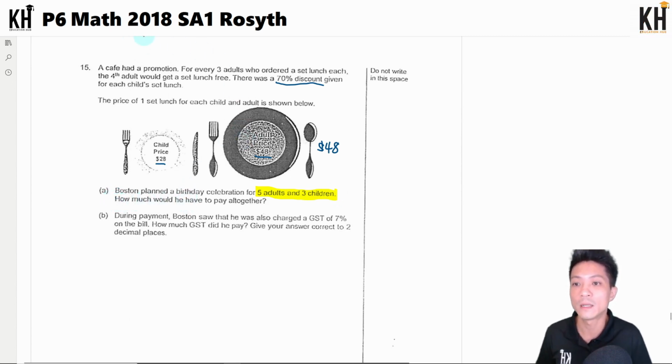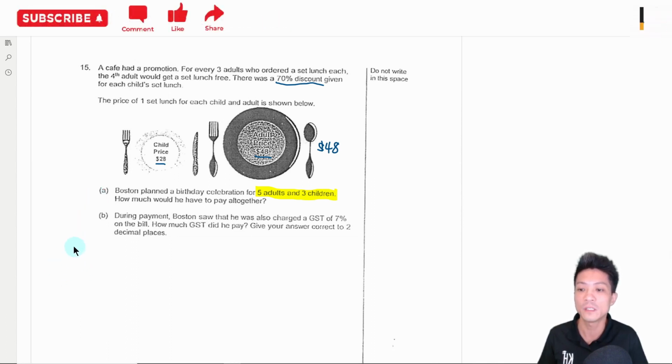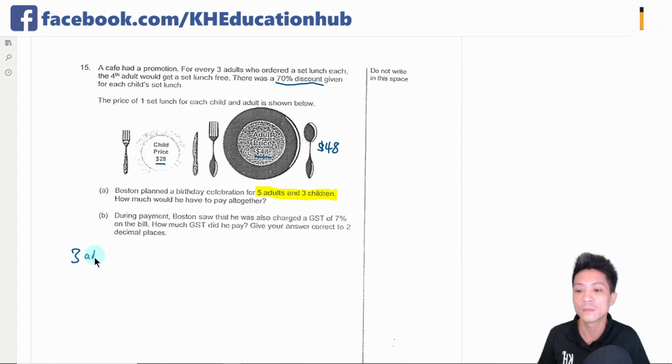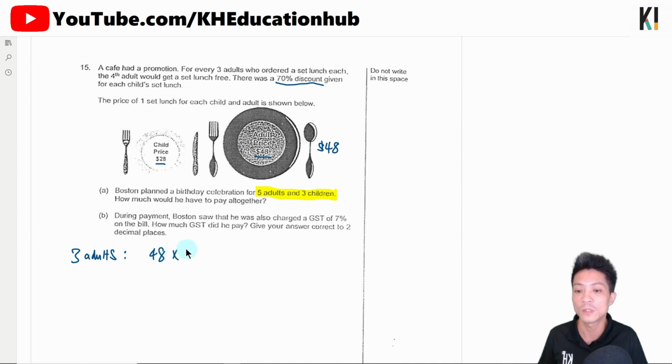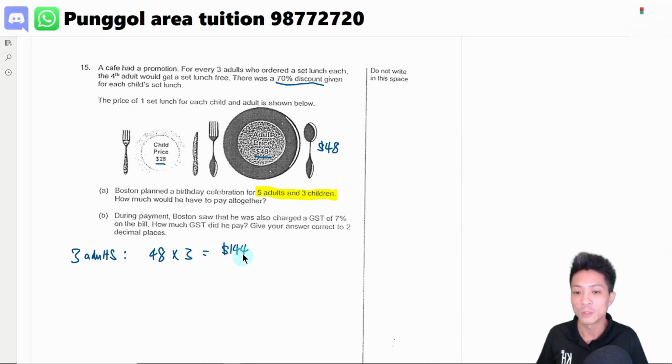So we're gonna calculate the total that the adults need to pay first. So 3 adults, and the 4th one will get it free. Okay, so 3 adults is equals to 48 times 3, right? Okay, 48 times 3, which is equal to 144, right?